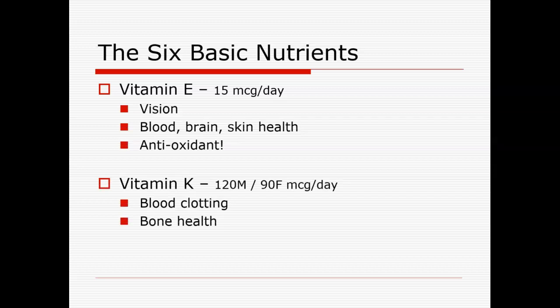I do want you to have an idea of what an antioxidant is, vitamin E being one of those. Yes, you definitely need to know E is blood, brain, skin health, and we got vision and blood clotting for vitamin K. I want you to have an idea of antioxidant. All right, remember we talked free radicals. Free radicals are harmful molecules that damage blood vessels, which lead to cardiovascular disease.